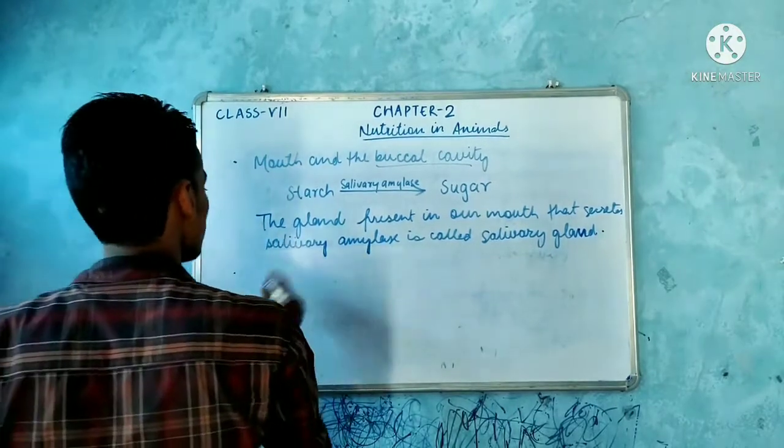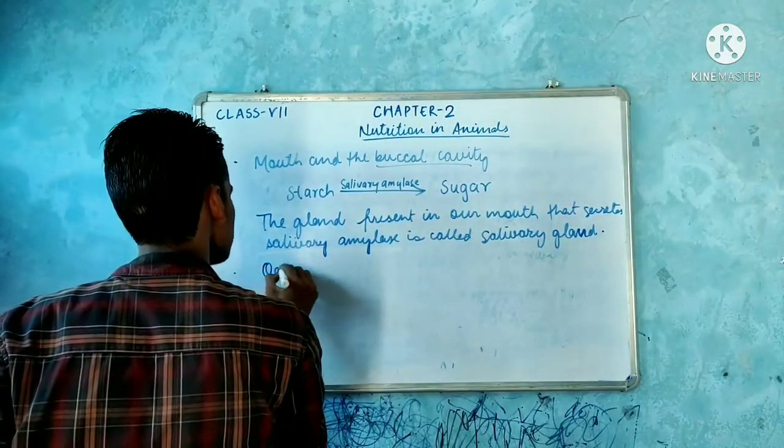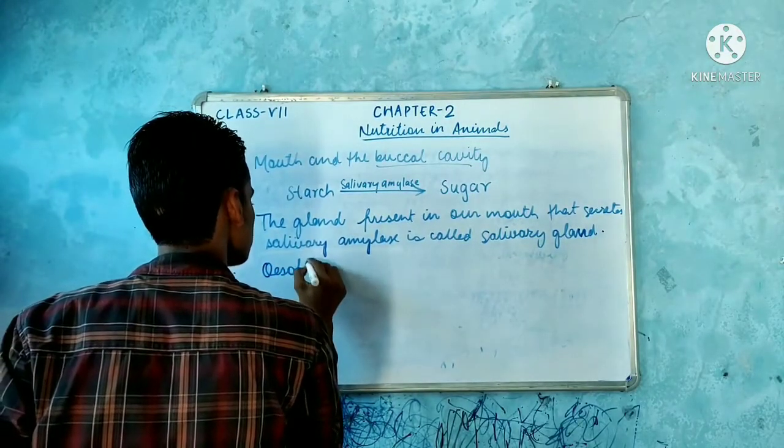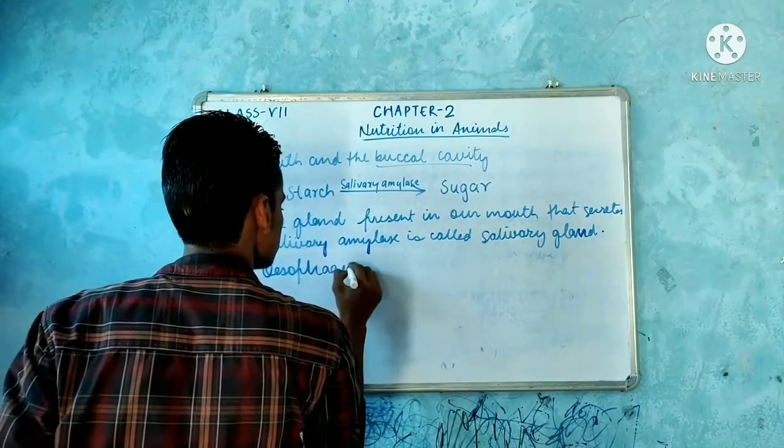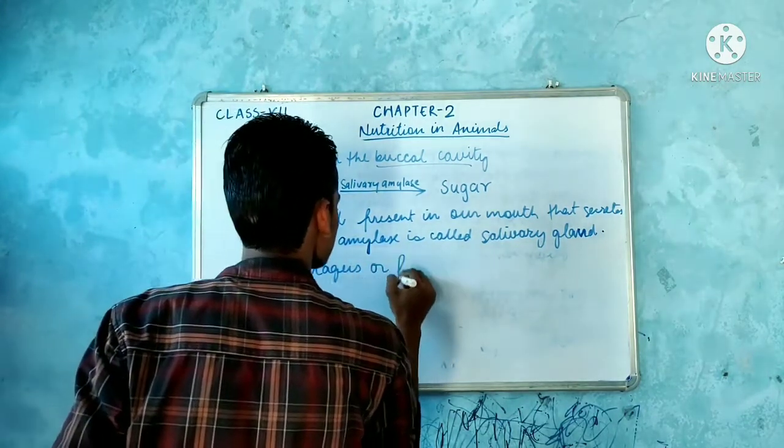The next part of alimentary canal is esophagus, or food pipe.